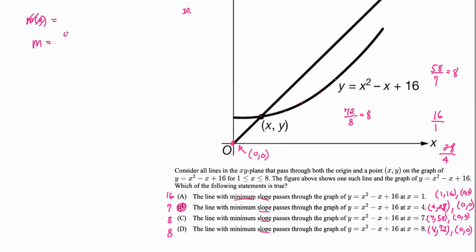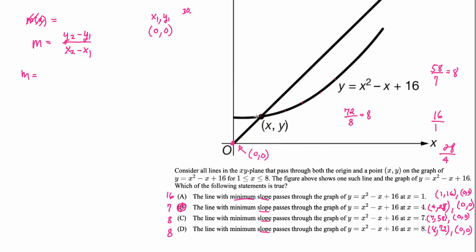Slope is y2 minus y1 over x2 minus x1. In this case, one of the points is 0 comma 0, or I should say x1, y1, sorry. Let's say that the first point is the origin.